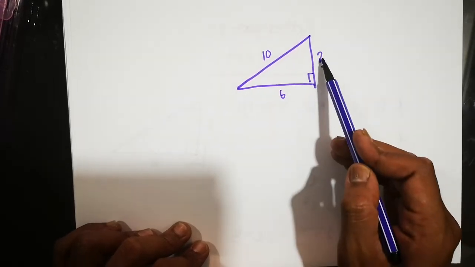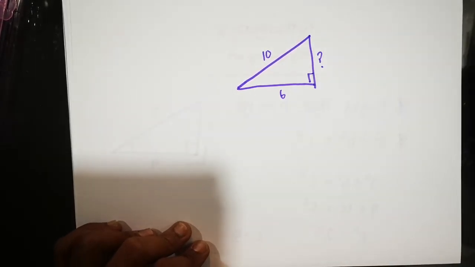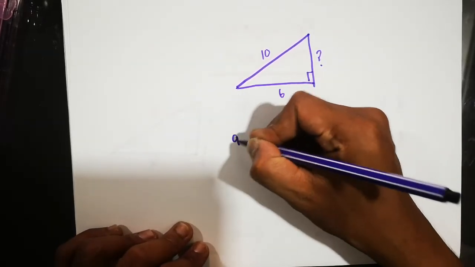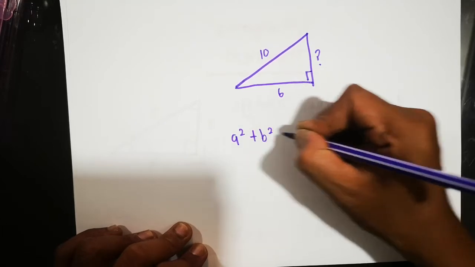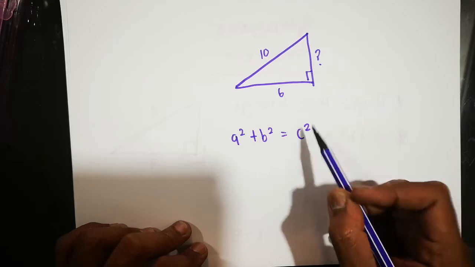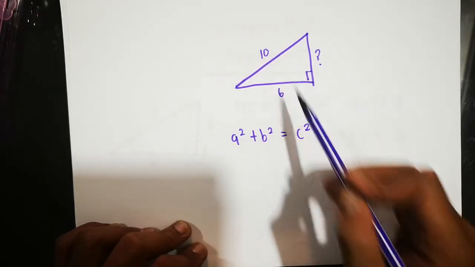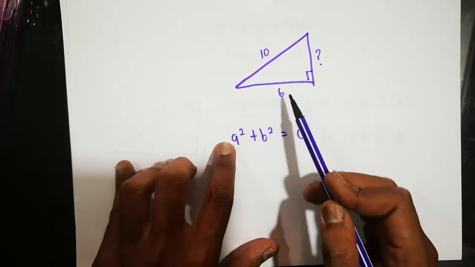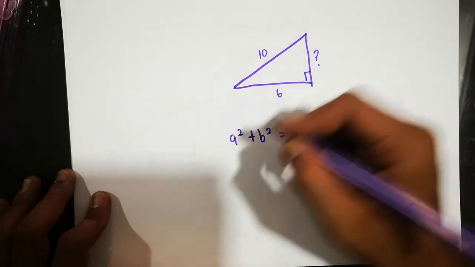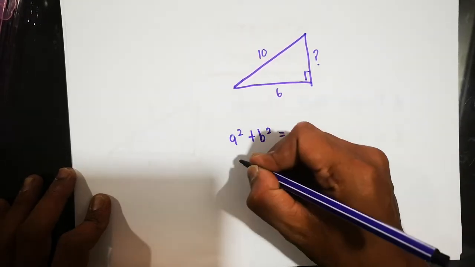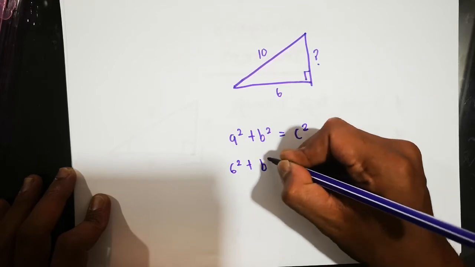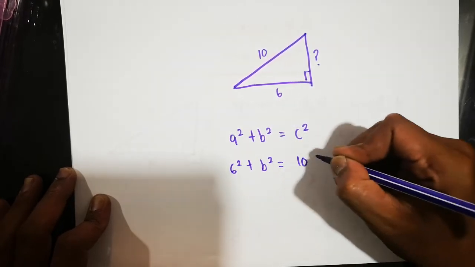Find this side. So as always, since we are just starting out, we always write down the formula. The formula is A square plus B square is equals to C square. Okay, so the C, you know it as 10. C is always the hypotenuse, 10. A, we know it as 6. So what is the B? Let us write down the numbers first. So I put it as 6 square plus B square is equals to 10 square.